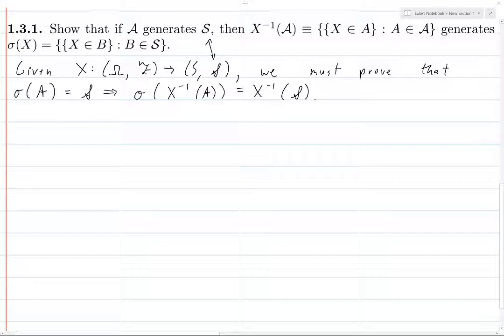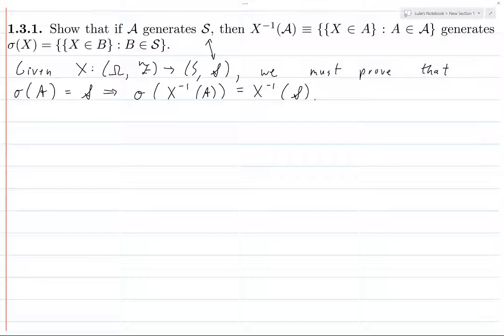X in B where B belongs to S. And also, I'm not familiar with this sigma of X notation. I think I like X inverse of S better because there's more information given in the notation.